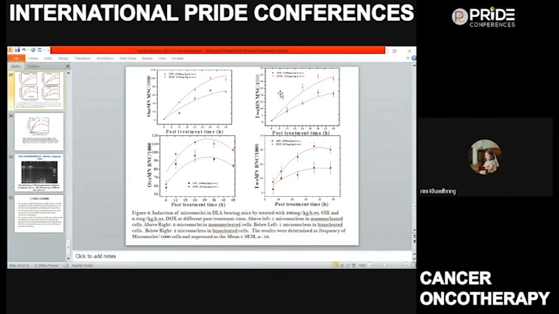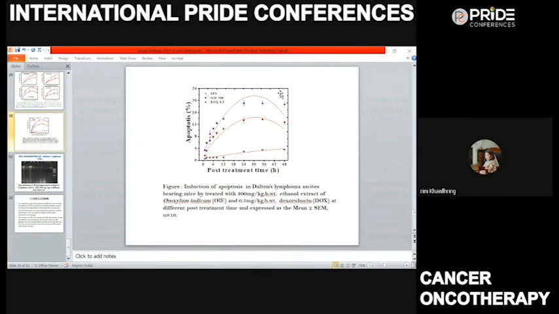And in case of one micronucleus bearing binucleated cells, the highest number of micronucleus was observed at 24 hours post treatment. And this is in case of induction of apoptosis by the optimum dose, which is 300 mg per kg body weight of the ethanol extract of Oroxylum indicum and the positive control.